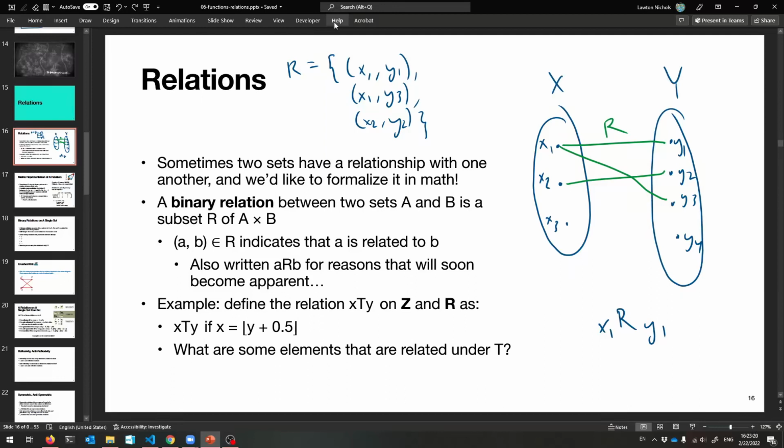So for example, the number 3 is related under T to any real number such that that real number plus 0.5 floored is equal to that original number x, 3. So 3 is related under T to 3.14. Similarly, 6 is related under T to 5.67, because if you add 0.5 to that, it's 6 point something.